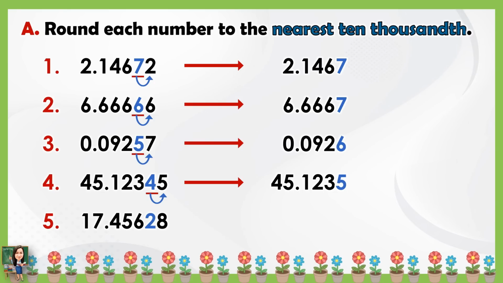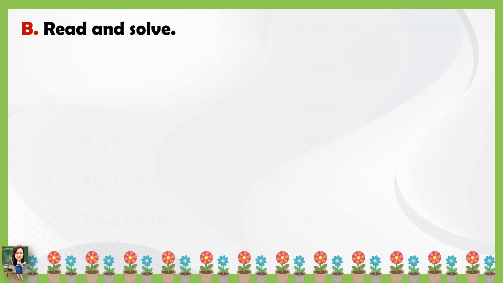And for number 5, 17 and 45,628 100,000ths. The number in the nearest 10,000ths place is 2. And the digit to the right of the rounding place is 8. 8 is greater than 5. So that means we are going to add 1 to the digit in the rounding place. 2 becomes 3. So the answer is 17 and 4,563 10,000ths.